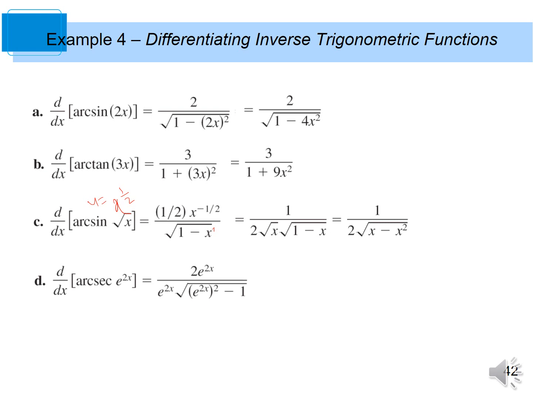So we use the arcsecant formula. We have u prime over modulus of u times radical u squared minus 1. So how to get the u prime? This is u, the inner function. And how to get the u prime?